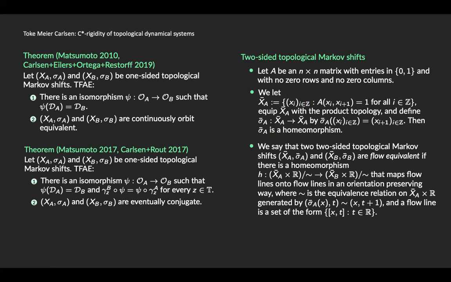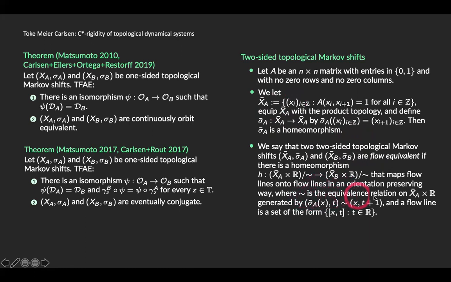So there's the notion of flow equivalence. We say that two-sided topological Markov shifts are flow equivalent if there's a homeomorphism between what is called the suspensions that match flow lines onto flow lines in an orientation preserving way.